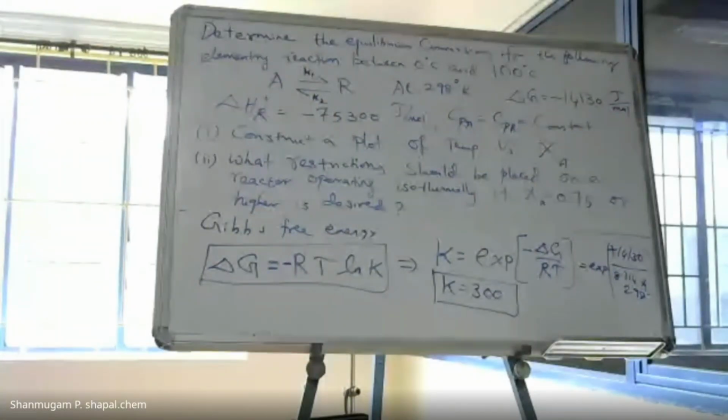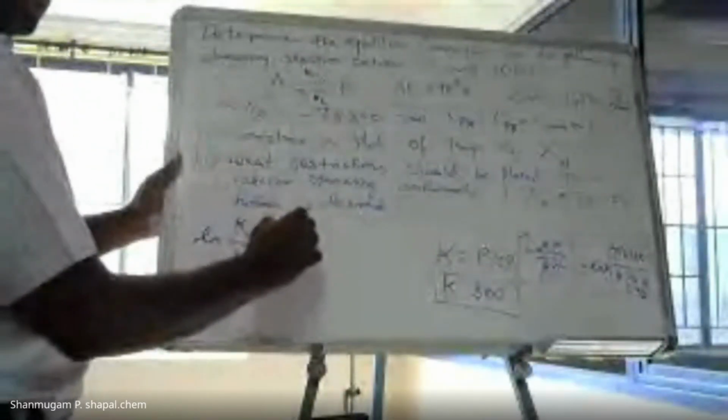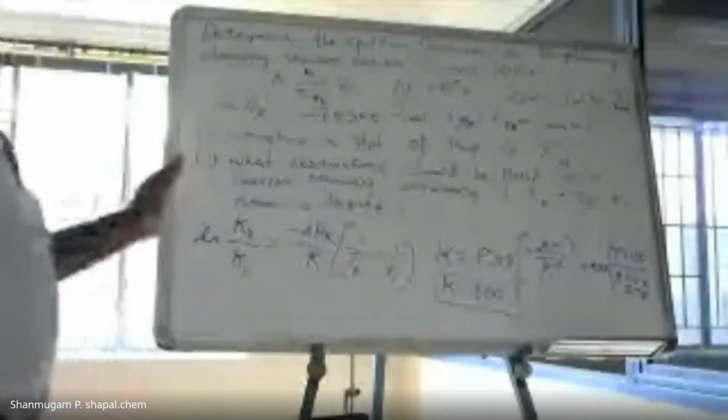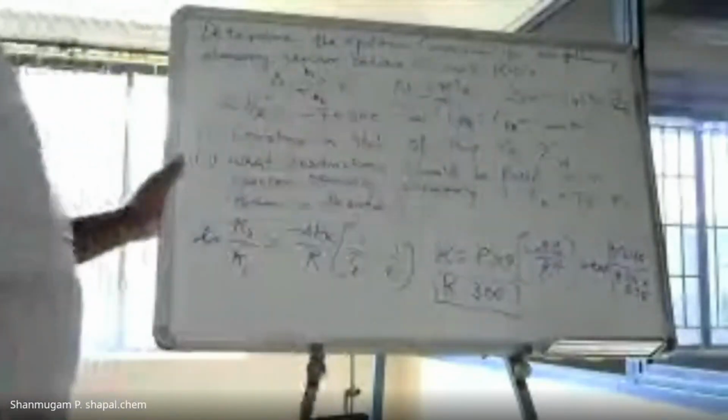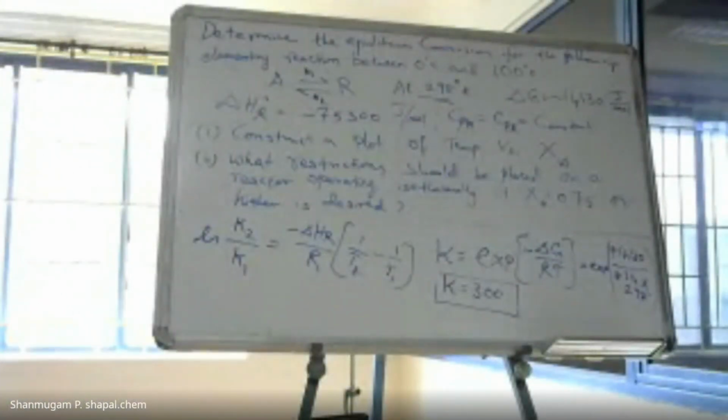Now the K value, because we have K1 and K2: ln(K2/K1) equals delta H, the heat of the reaction, over R, times 1 by T2 minus 1 by T1. At the same temperature, 298 degrees Kelvin, we need to find the particular K value here.